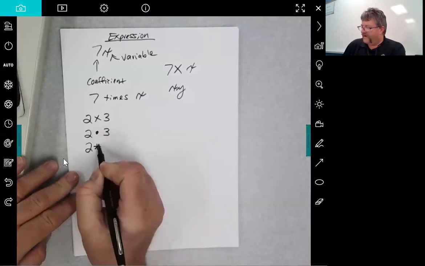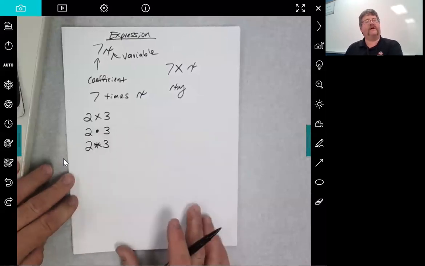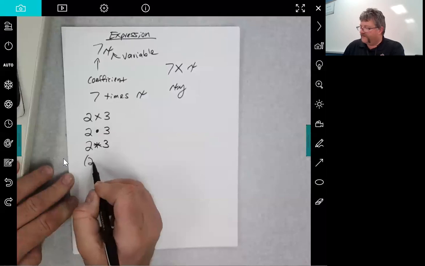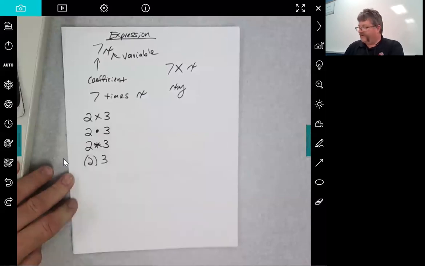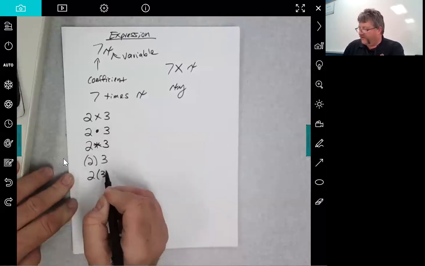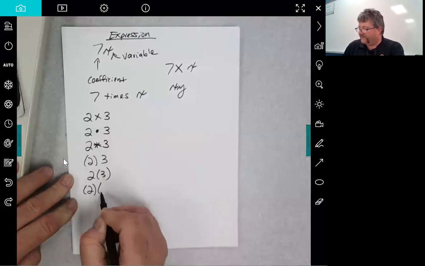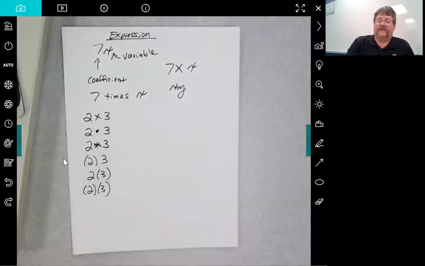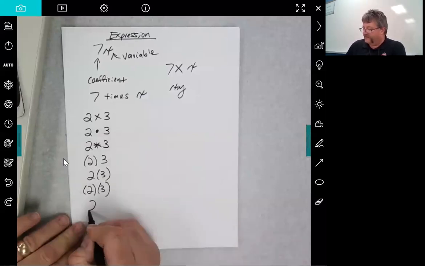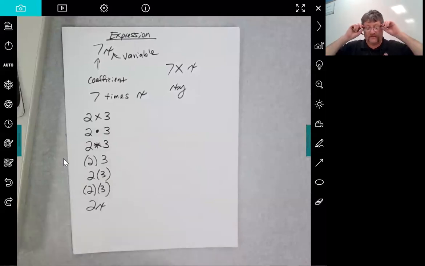Sometimes you'll see the star character, that's what the computers use, right? Parentheses, one number in parentheses or the other or both. All of these things mean multiplication. So we have to look out for all that. They all mean the same thing, times. And if it's a number and a letter, there's nothing there. 2x, that means 2 times x.